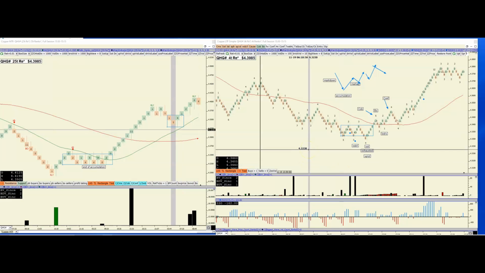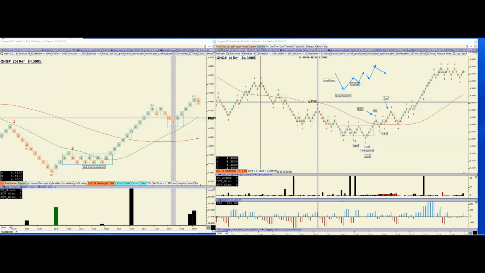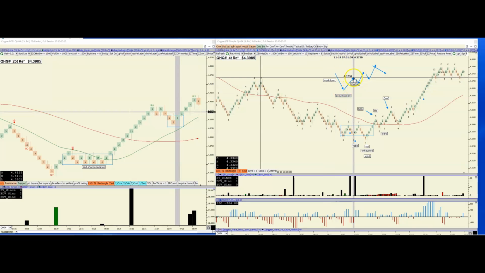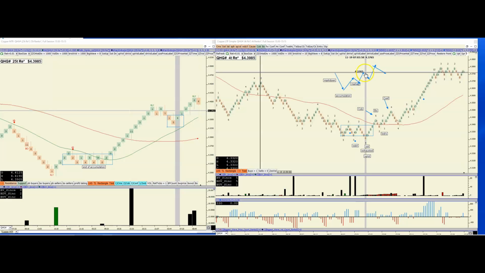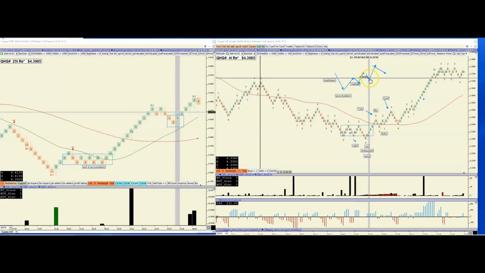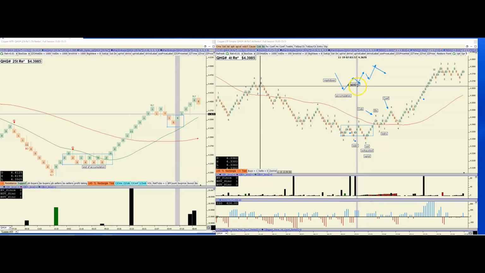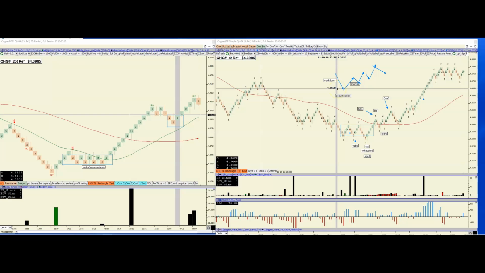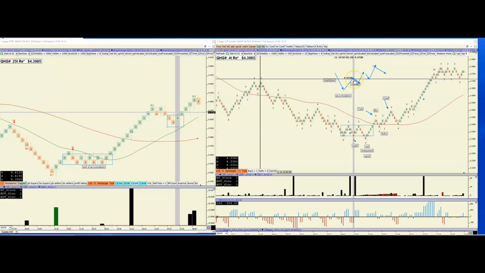But the idea here is you have markdown, accumulation, markup, distribution, markdown, accumulation, markup, distribution, markdown. And yes, you could call it reaccumulation and profit taking and reaccumulation, or just buying and selling at these pivots. The thing is that accumulation or distribution has key characteristics.